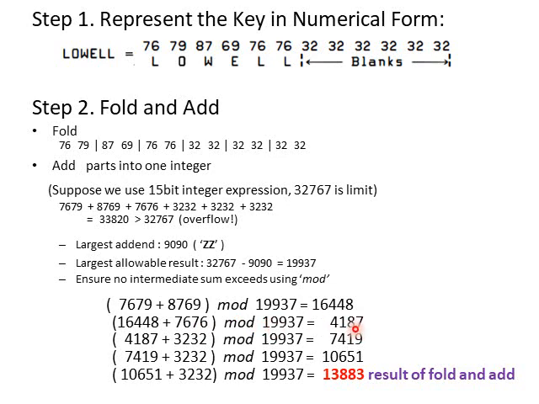So take this 4187, add the next content, that is 3232, you got 7419 and so on, and finally you are going to get the result as 13883. So after fold and add, your result is 13883. After the second step, your fold and add result is 13883.